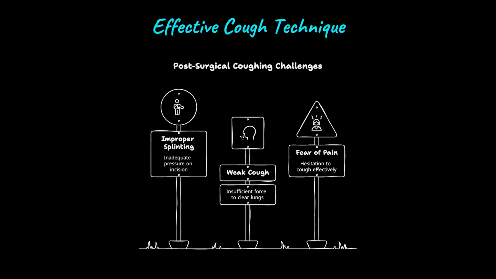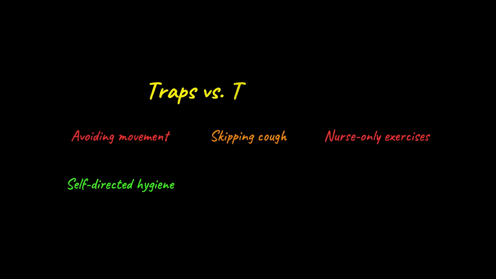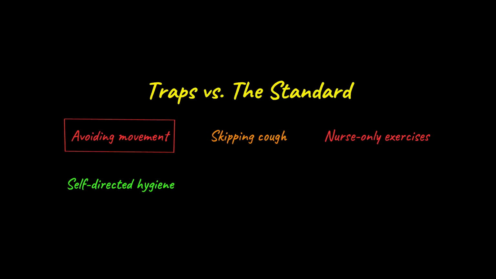Mechanically, the teaching covers 3 tools: the incentive spirometer, deep breathing, and effective coughing. For coughing, the patient splints the incision with a pillow to reduce pain, then produces 2 or 3 forceful coughs to clear secretions, practiced every hour while awake during early recovery. Watch for the exam trap. Avoiding movement worsens atelectasis and venous stasis.